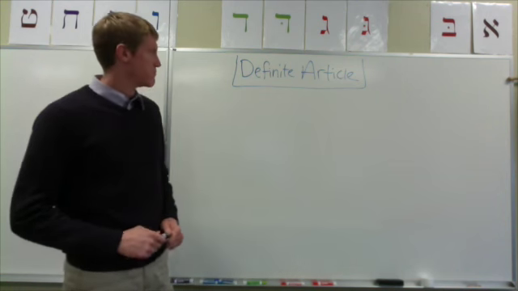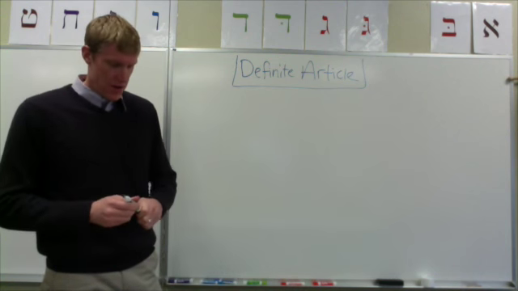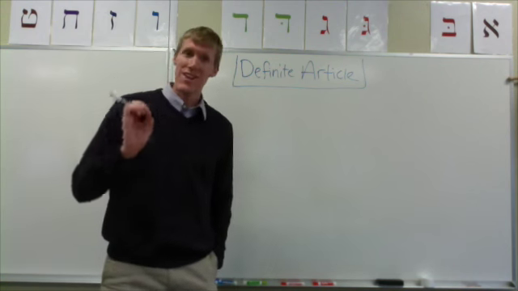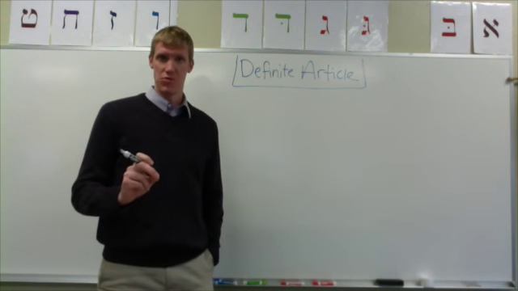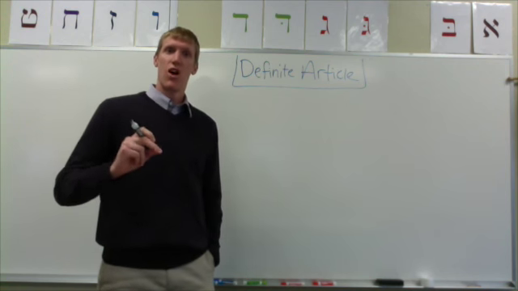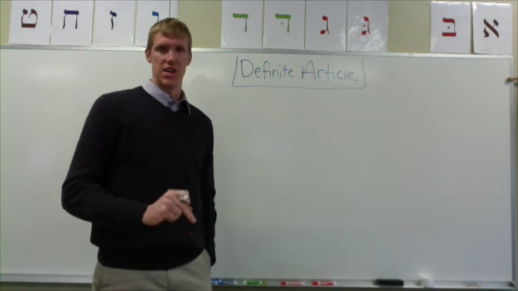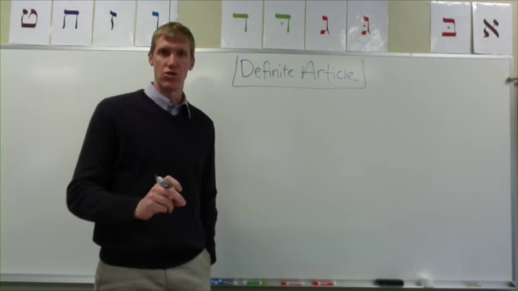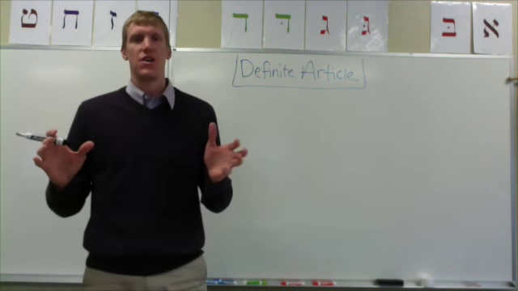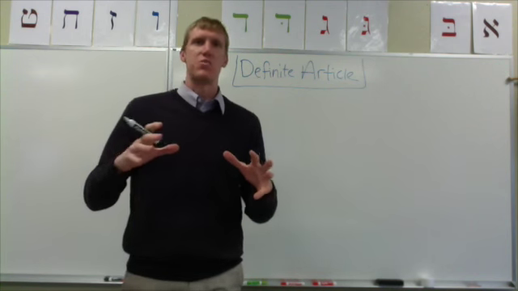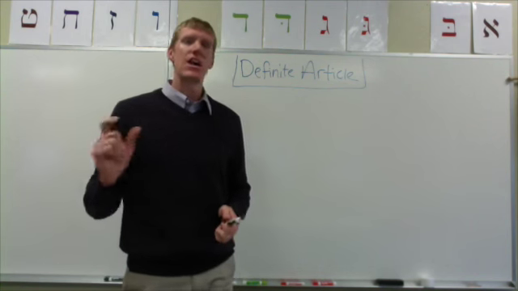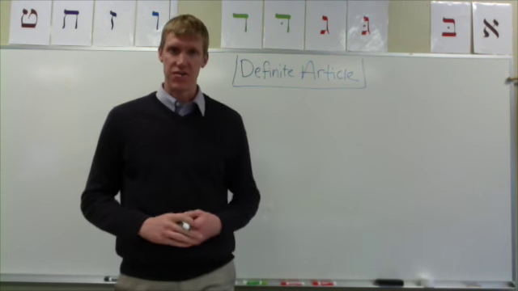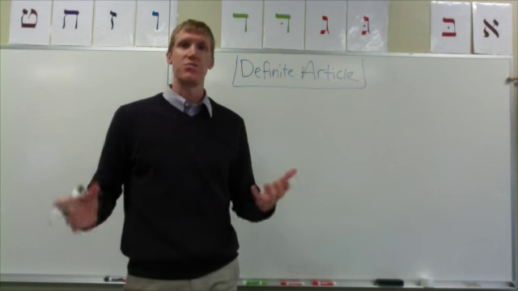So there is no indefinite article in Hebrew. There's only a way to identify definiteness. Other specific indicators that something is definite include a suffix which creates possession.